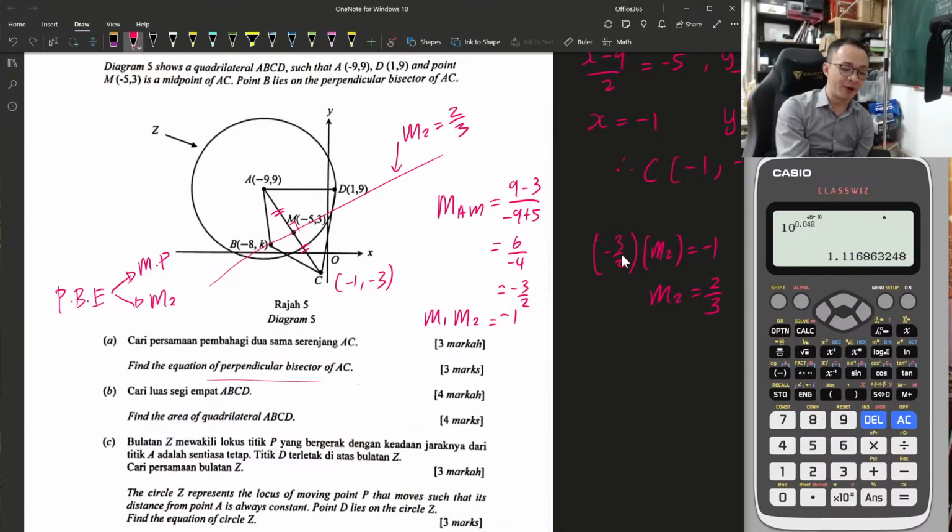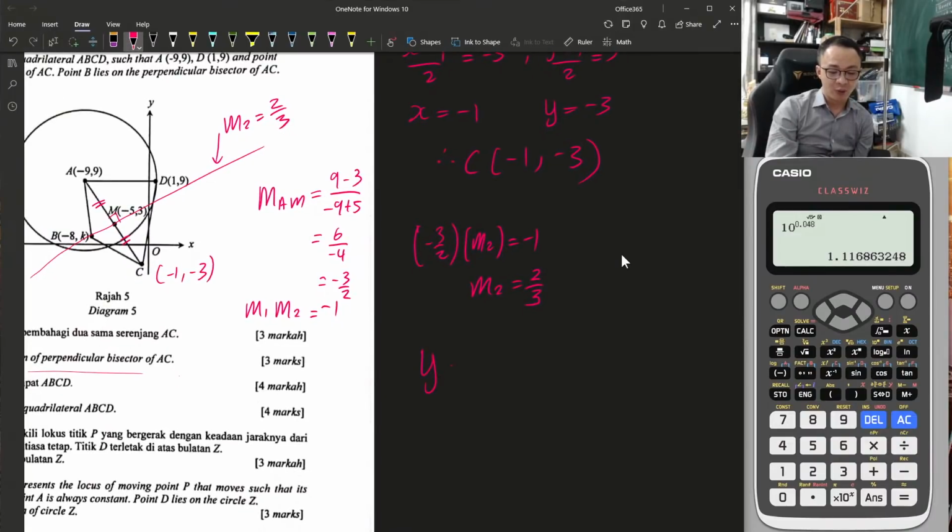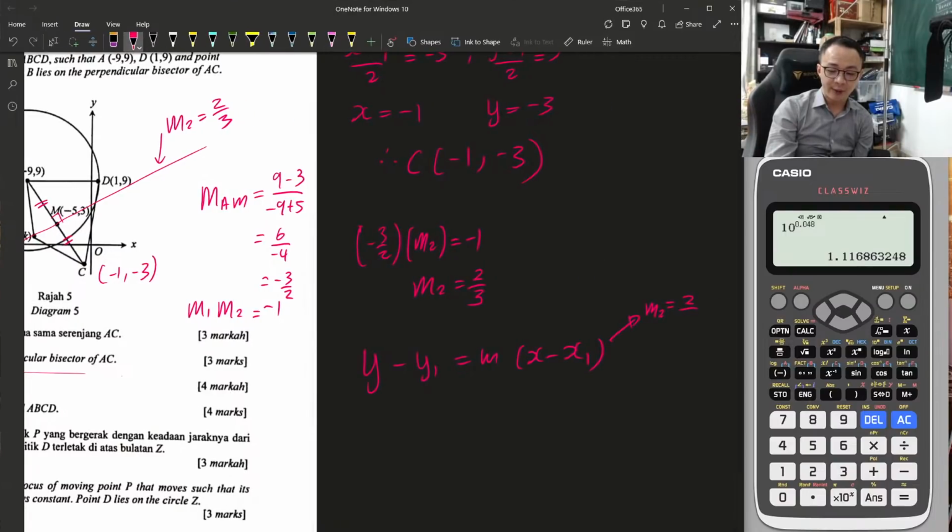And I've got the midpoint already, which is coordinate M. Then I can form the equation: y minus y1 equals M times (x minus x1). I need two pieces of information. M2 equals 2 over 3, and the midpoint is -5, 3. Just plug these into x1 and y1. So y minus 3 equals 2 over 3 times (x plus 5).